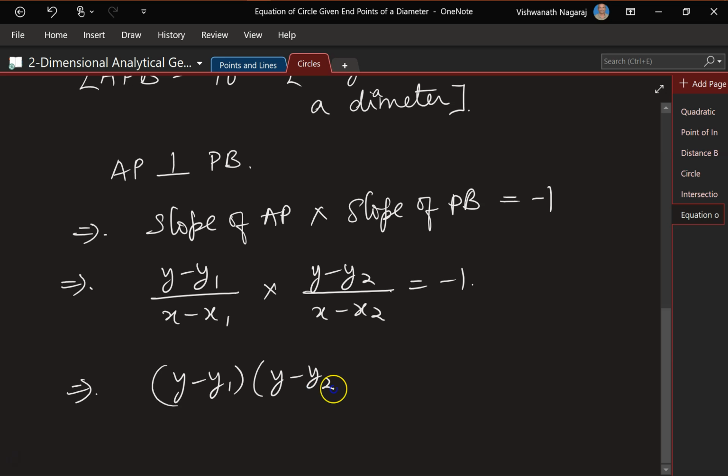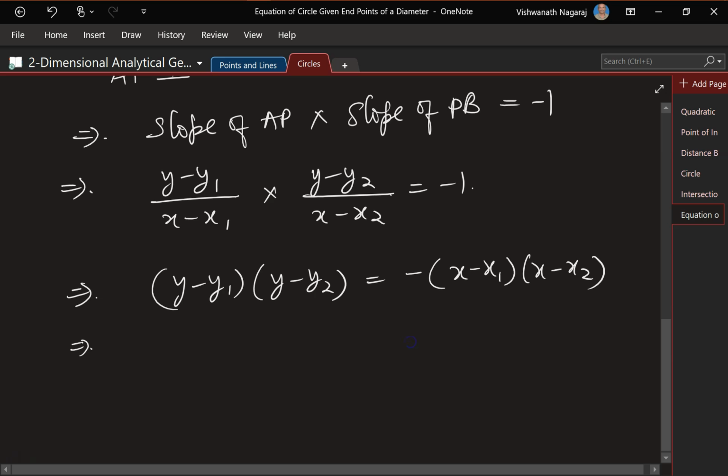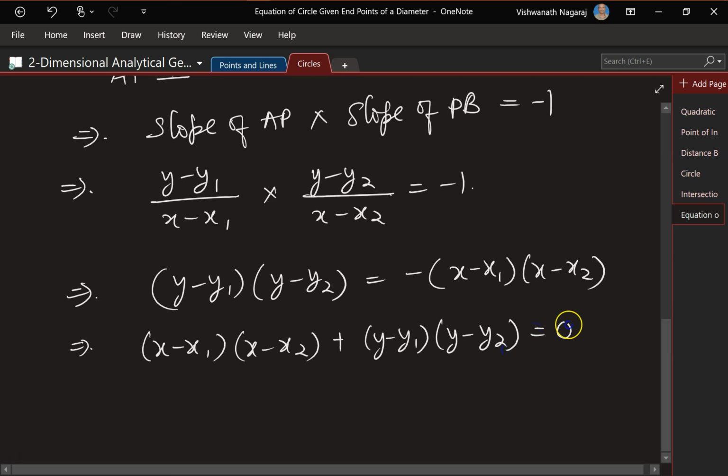Now let's multiply this: y minus y1, y minus y2. Let's bring the denominator to this side. So what do we get? (x minus x1)(x minus x2). And if you bring the terms to this side, it becomes (x minus x1)(x minus x2) plus (y minus y1)(y minus y2) equal to 0.